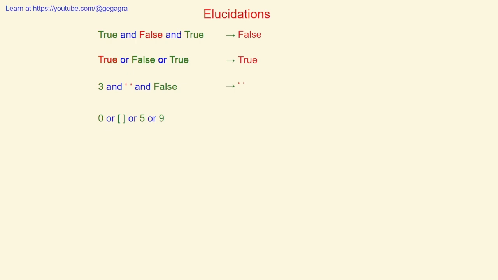In this statement, it returns the first true value. Since in the beginning there is no true value, and the first true value is 5, it will return 5 as the output. And in this statement combined with OR, there is no true value, and that is why it returns the last value as the output.